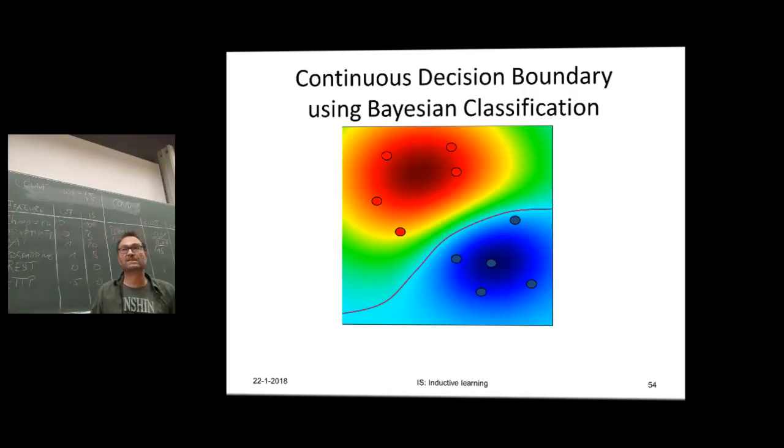In Bayes learning, this is not a strict line, as we will see tomorrow in the more modern classification approaches, but a continuous decision boundary. There is a probability distribution that is very high in this part of the feature space, and a probability distribution for the other class that is very high in the other part. In the middle, the probabilities become more or less the same. So we can't talk about a strict line separating the two classes, but more a kind of heat map separation.